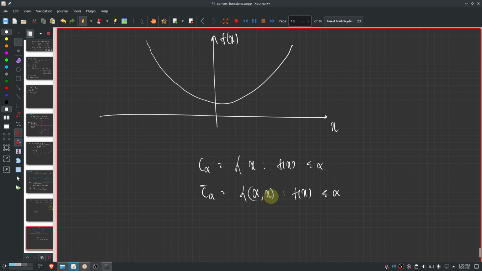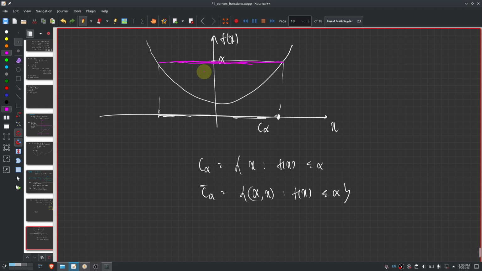Okay, so for a given alpha, what would this set look like? Let's fix a particular alpha. Let's say this is my alpha. C alpha would basically be this interval. This is my C alpha. But what would this C bar alpha look like? It would be this straight line.